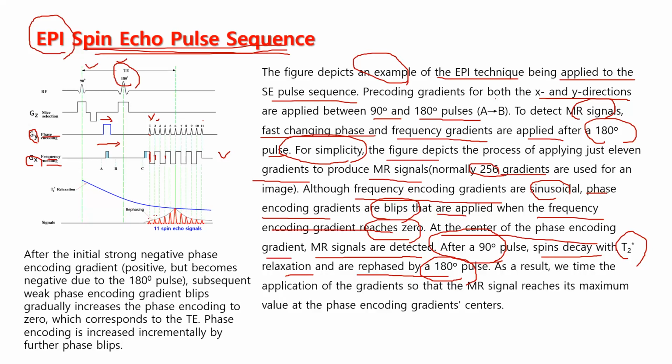As a result, we time the application of gradients so that the MR signal reaches its maximum value at the phase encoding gradient center, here.